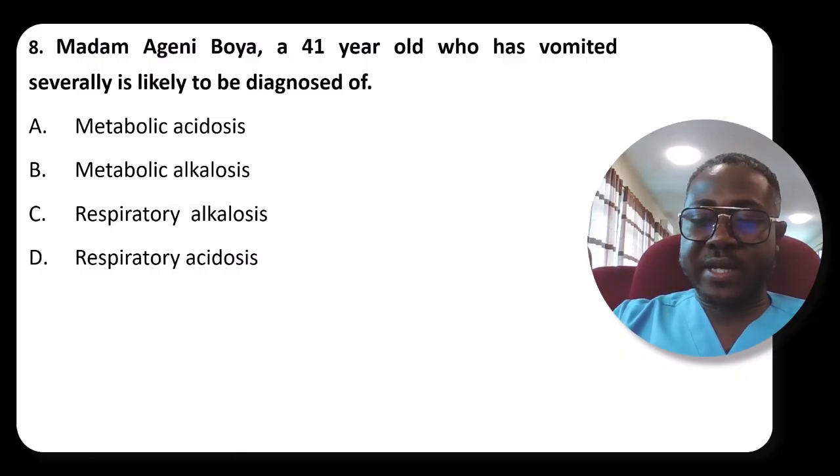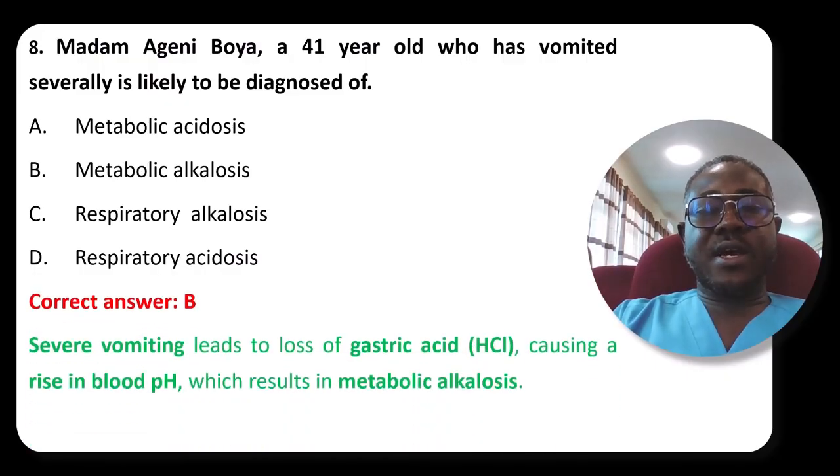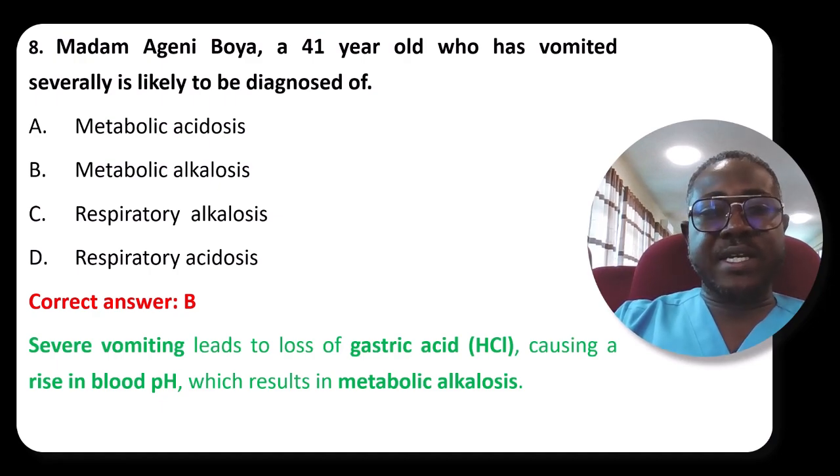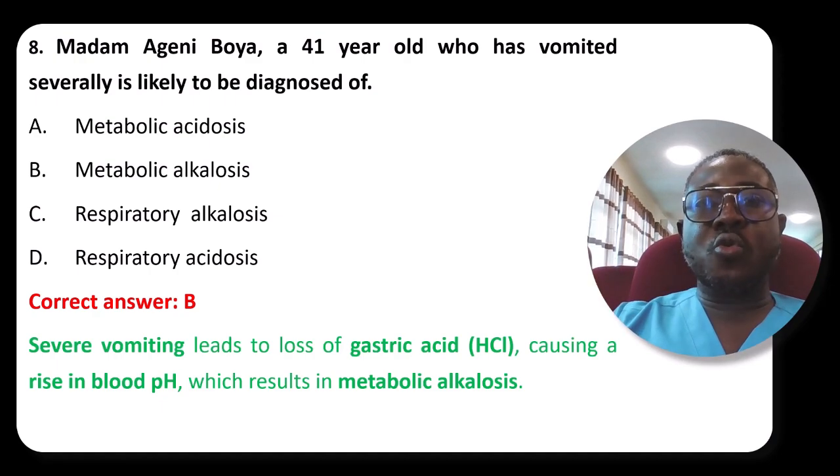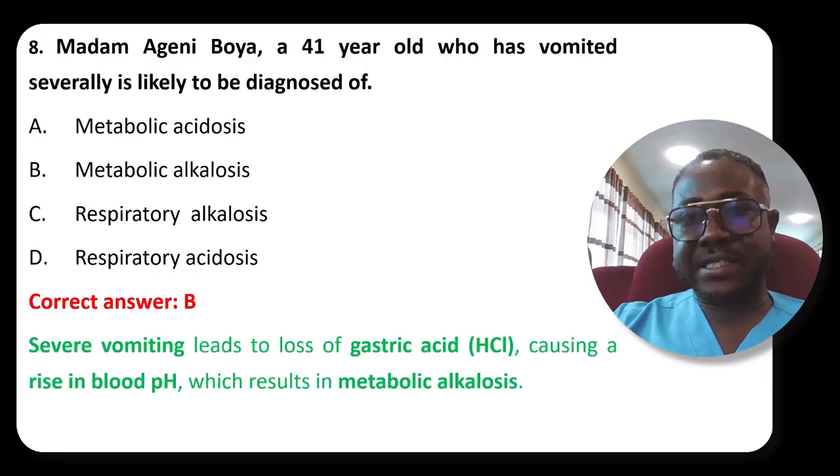All right, so the correct answer here is B. Now, let's look at the stem of the question again. Patient is vomiting, and vomiting comes from the stomach. And in the stomach, we have a compound there which is what? Hydrochloric acid.